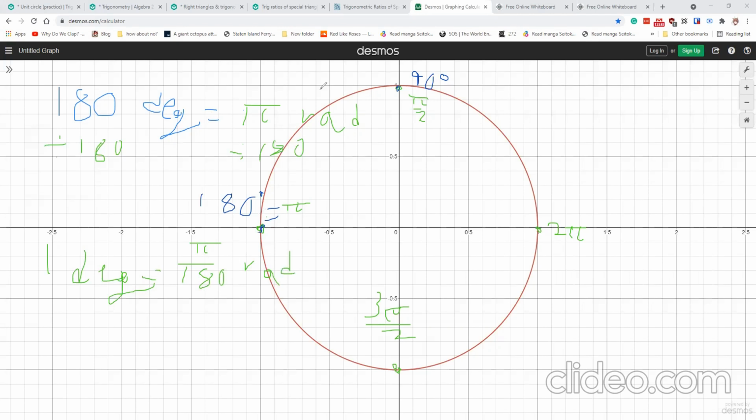And so if you want to convert, let's say, 300 degrees to radians, what you would say is, well, 1 degree is equal to pi divided by 180 radians. And so 300 degrees would be equal to 300 times pi over 180 radians.